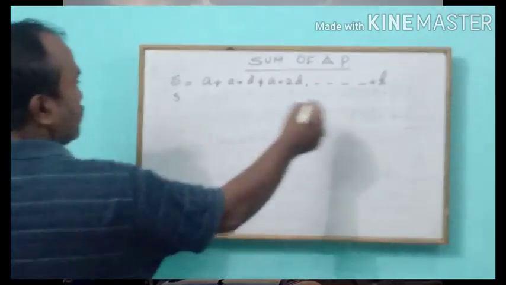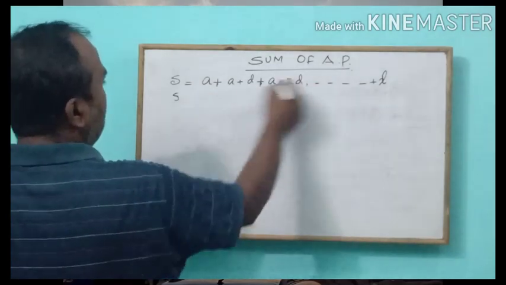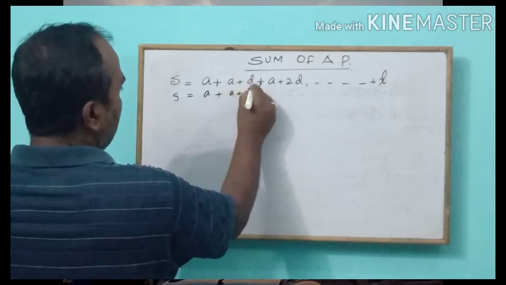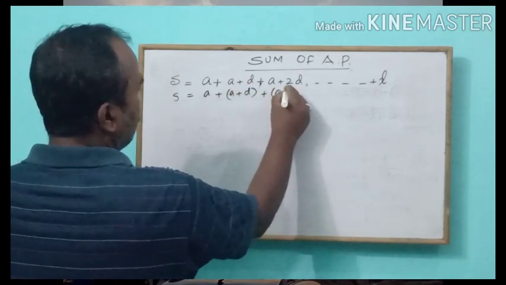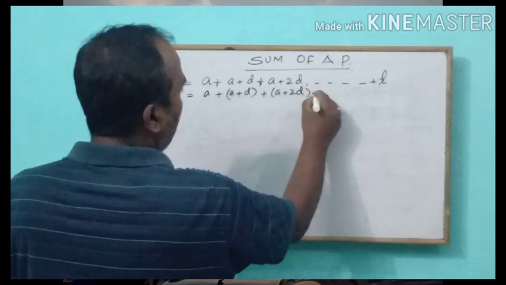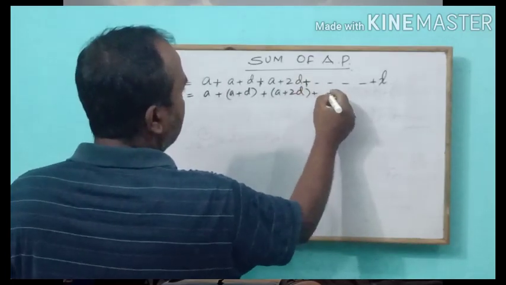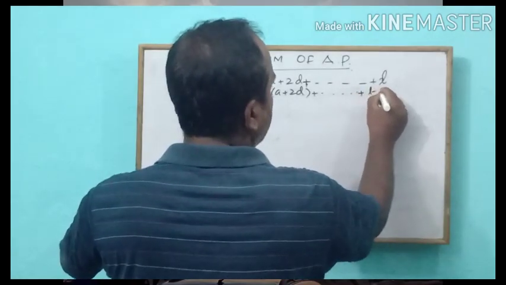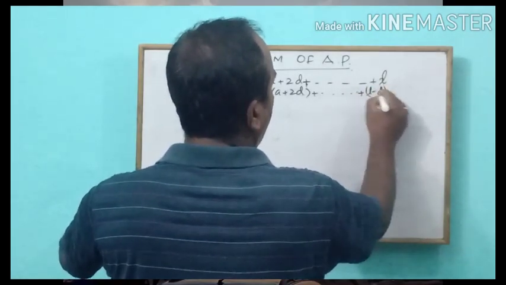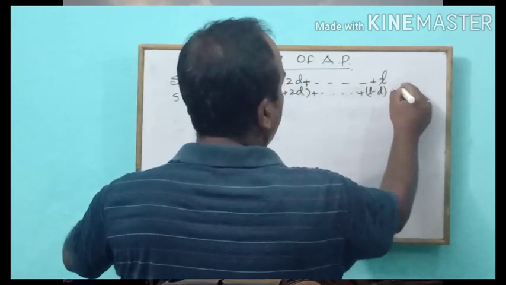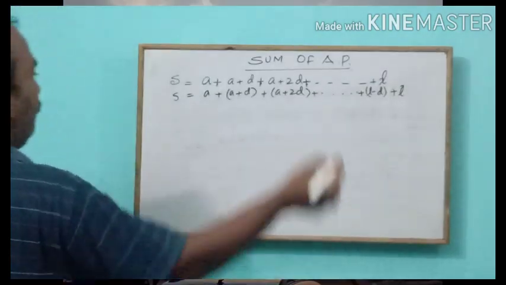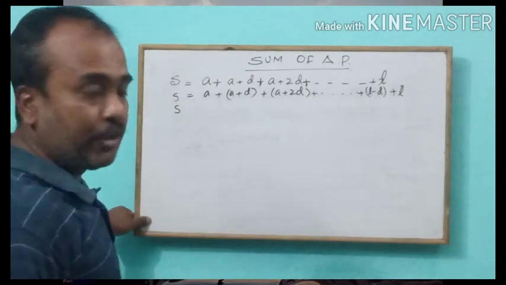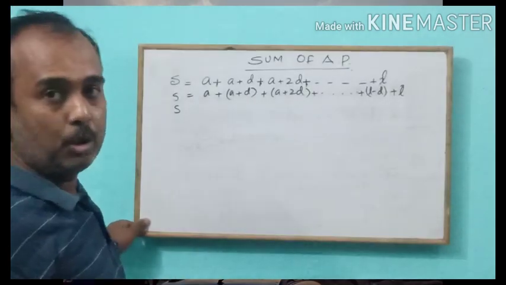Then the same series could be written in this way: a plus (a plus d) plus (a plus 2d) plus up to (L minus d) plus L. If I reverse the order and write it, the sum remains the same, because addition of any two numbers is commutative.